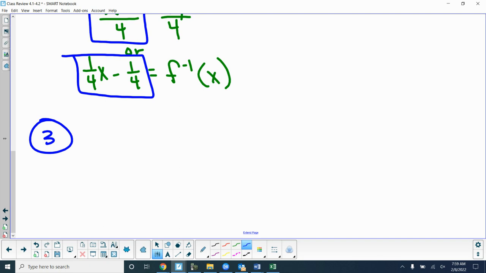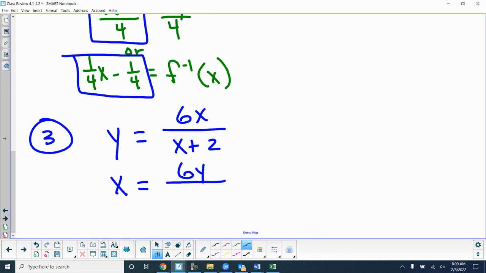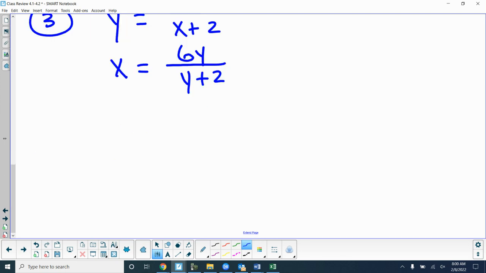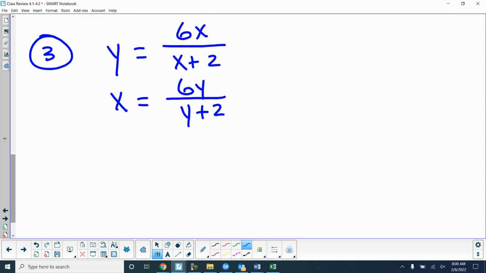So this one, we've got y equals 6x over x plus 2. So we're going to write x equals 6y over y plus 2. So now I have a denominator. So how do I get rid of the denominator?